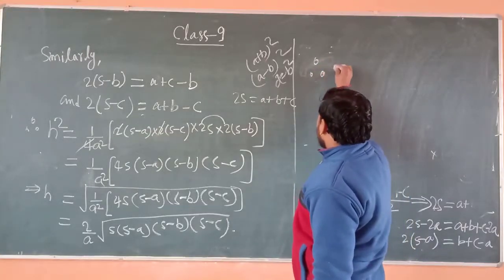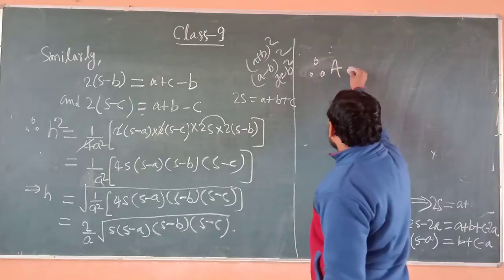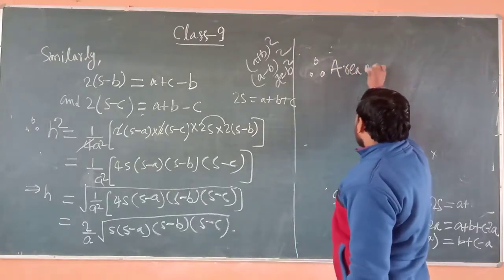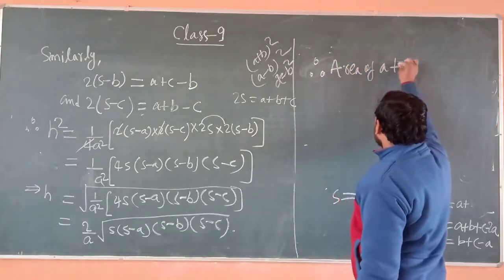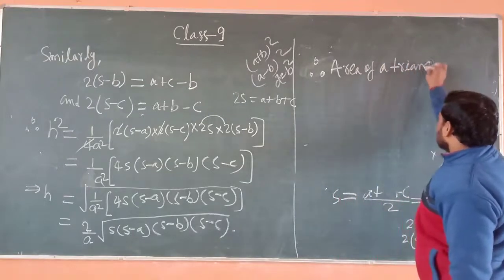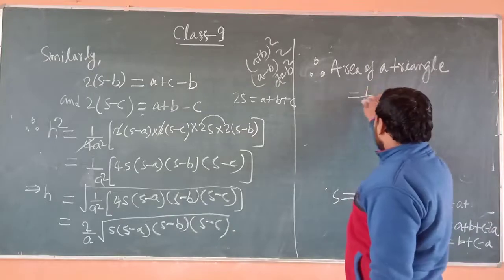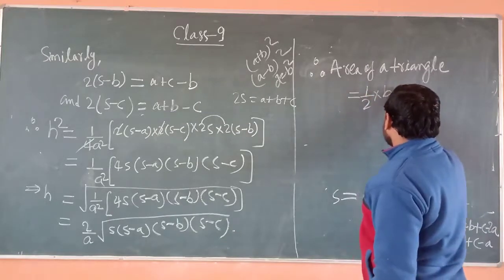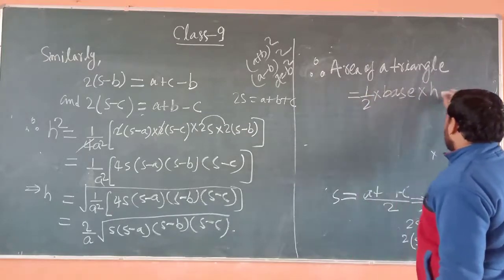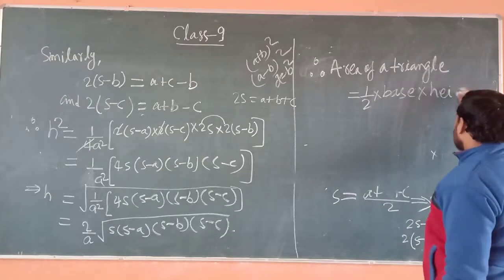Therefore, area of a triangle is equal to 1 upon 2 into base into height. This is a standard formula.